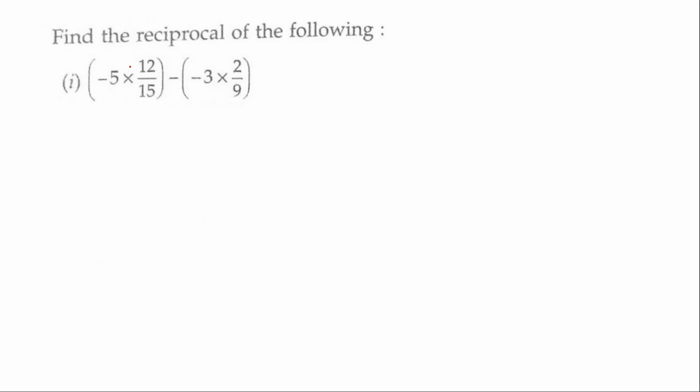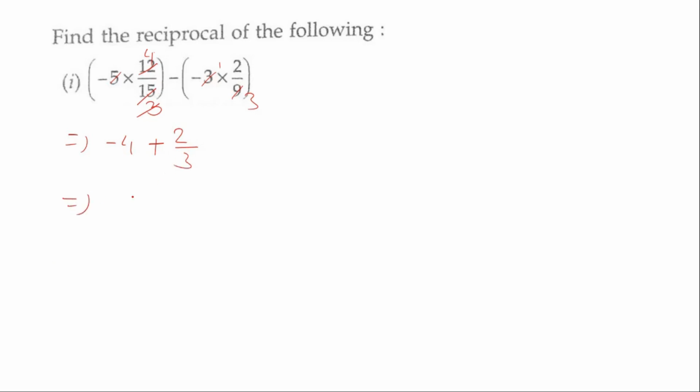This question is, you have to find the reciprocal of this following. So first we have to deduct: 5 1s are 5, 5 3s are 15, 3 1s are 3, 3 3s are 9, and 3 4s are 12. So what we have got is minus 4 minus minus plus 2 by 3.